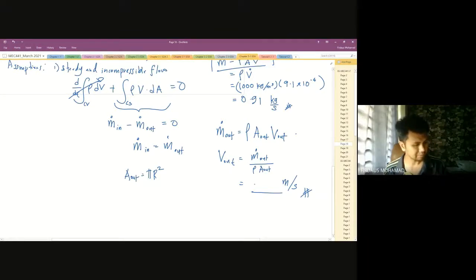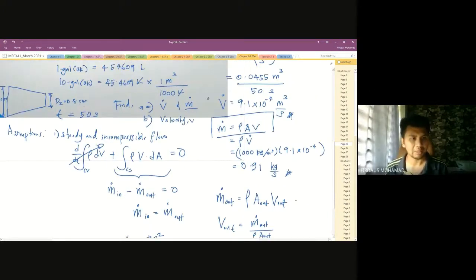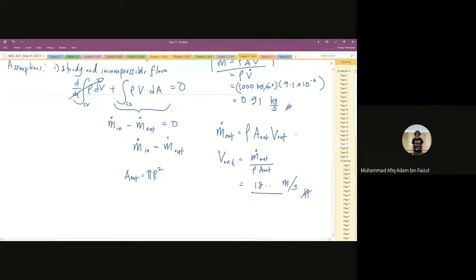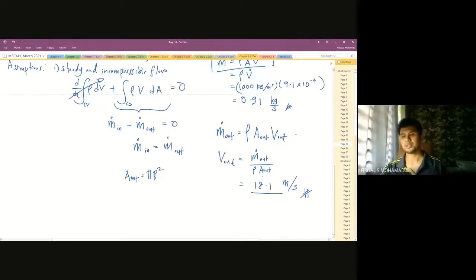Mesti ambil dimension dalam sentimeter kan. So dimension ni kena convert kepada meter dulu. 0.04 ataupun 0.08 meter. Betul? Betul. 18.1 meter per second.